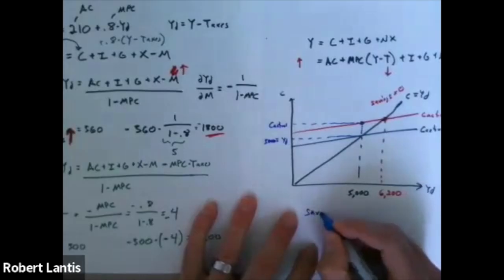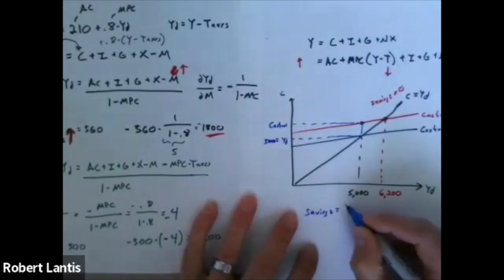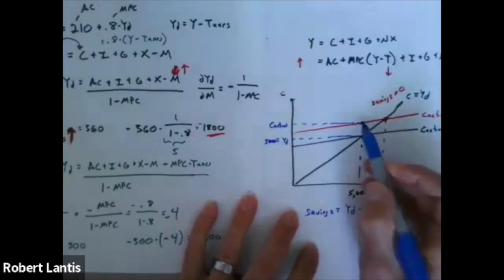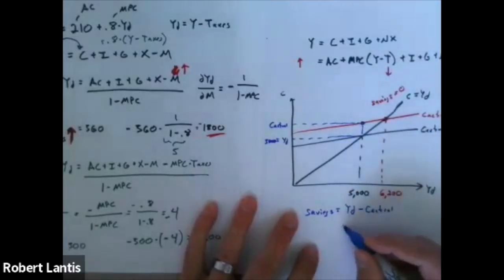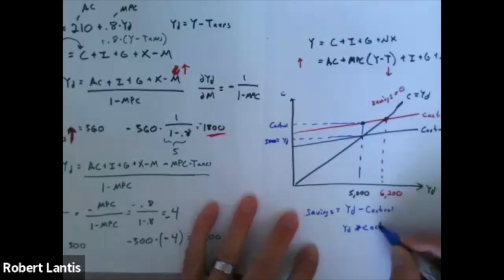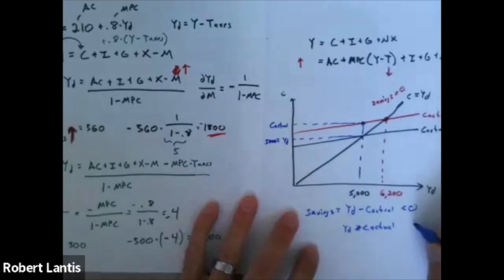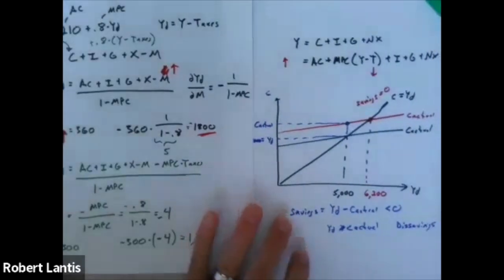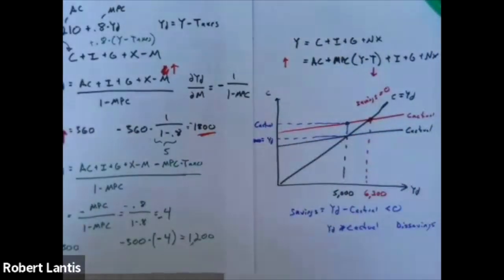So we said savings is my level of disposable income minus actual consumption. If my actual consumption is greater than my disposable income, this equation is now going to be less than zero, or I have dissavings.